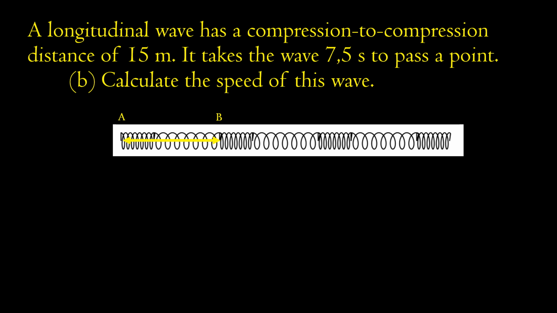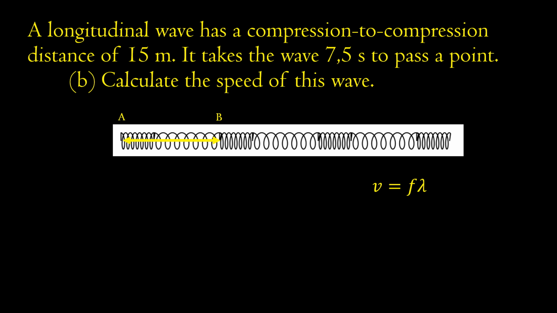Let's look at question B of the same question. Calculate the speed of this wave. There are two ways to solve this problem. The first way is to use the wave equation, which is the speed v of the wave equals the frequency f multiplied by the wavelength lambda.